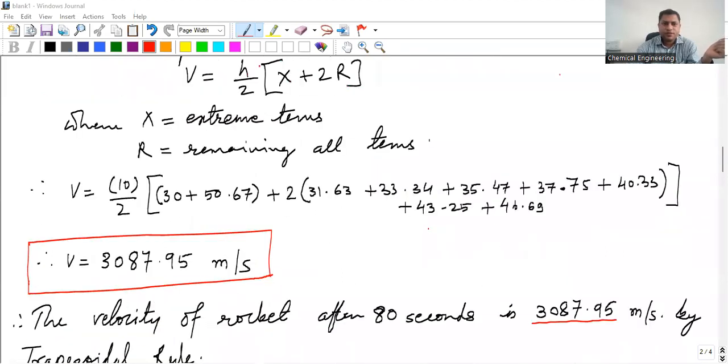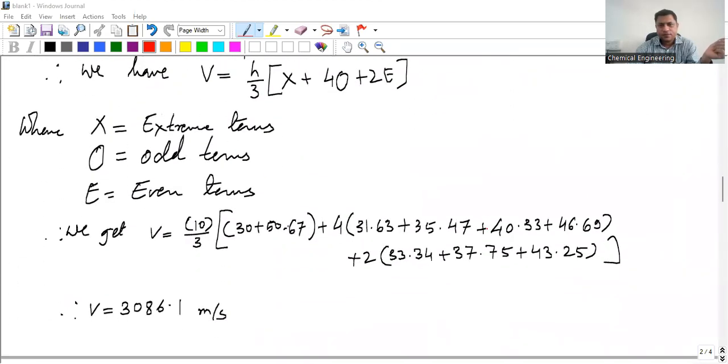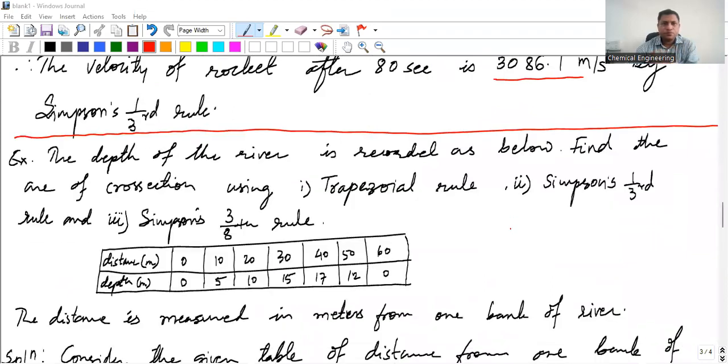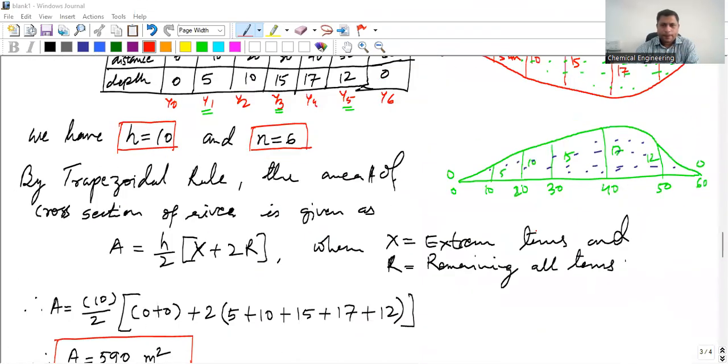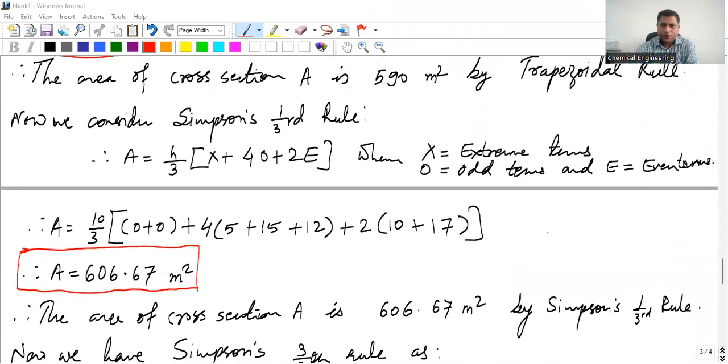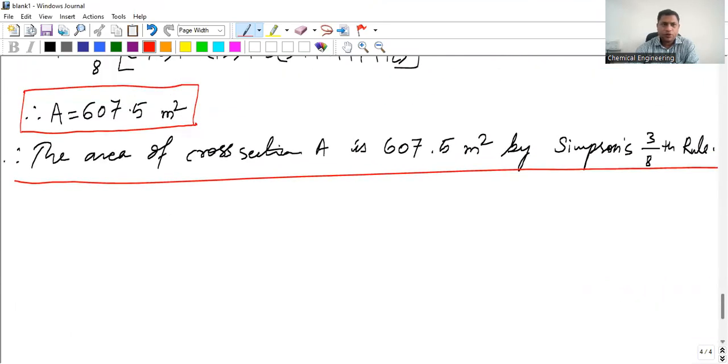We'll go for the next example now. So using the 3 different rules, we are able to calculate the numerical value of the integration.